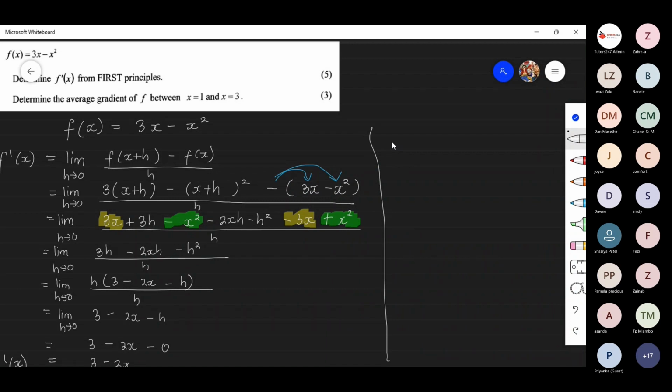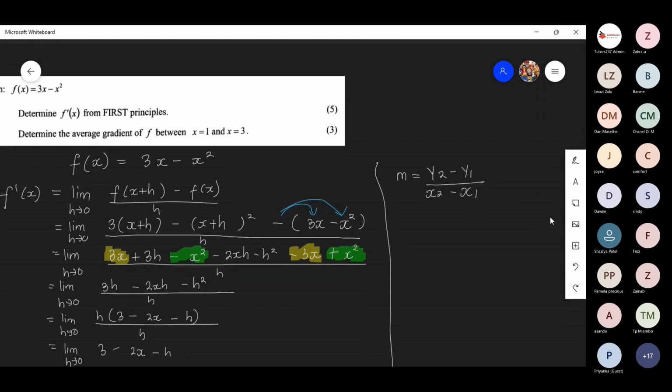So our normal method is the gradient equals y2 minus y1 over x2 minus x1. Now, because we are only given the 2 x values, we now need to obtain the corresponding y values. So let us substitute x equals 1 and x equals 3 into our formula in order for us to obtain the y value that is associated with x equals 1 and the y value that is associated with x equals 3.